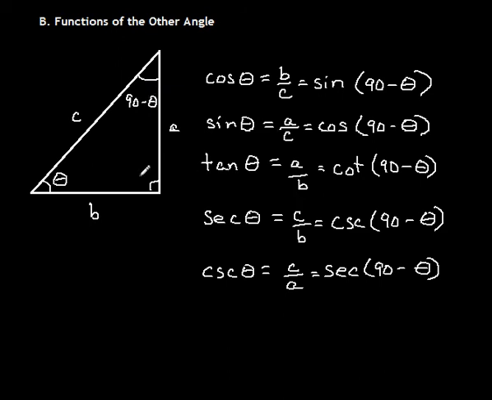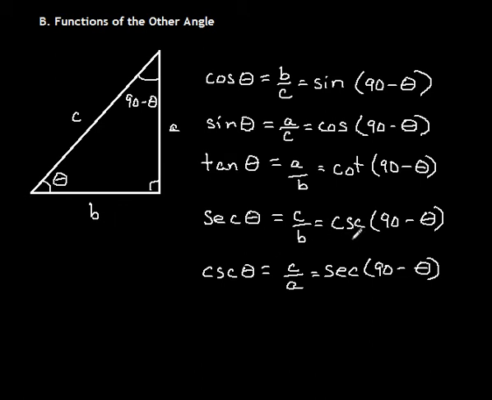Same with tangent. The tangent of this angle would be a over b. The cotangent of this angle would be a over b. Remember, cotangent would be adjacent over opposite. So it's a flipped version of tangent, which is opposite over adjacent. The secant of theta would be hypotenuse over adjacent.